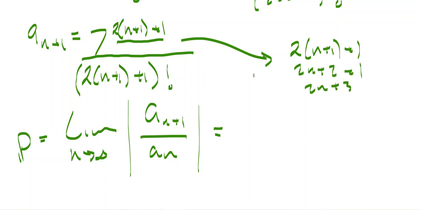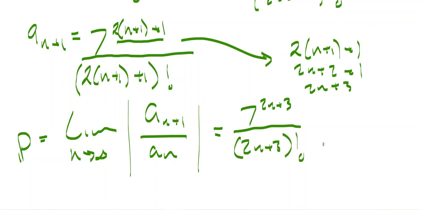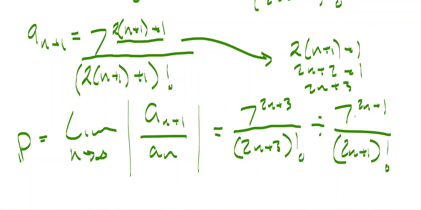And so that's what we're going to have in the numerator and denominator. I am going to have 7 to the 2n plus 3 divided by 2n plus 3 factorial, divided by the original, which was 7 to the 2n plus 1 all over 2n plus 1 factorial.